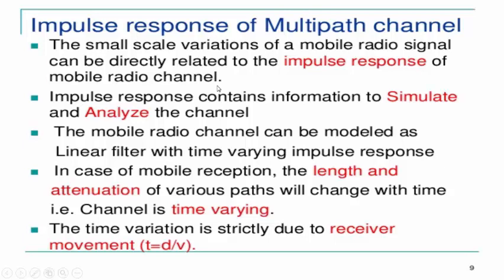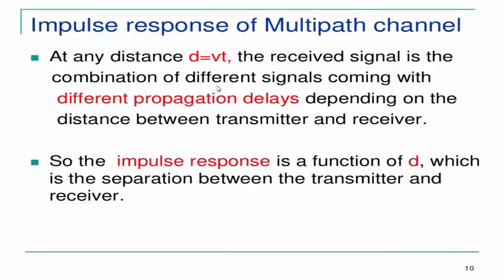The time variation is strictly due to receiver movement, because the transmitter is stationary or non-stationary, or the receiver might be stationary or non-stationary. Then depending on the movement of the mobile station or receiver at different locations, its velocity needs to be considered. So we can write t is equal to d by v.